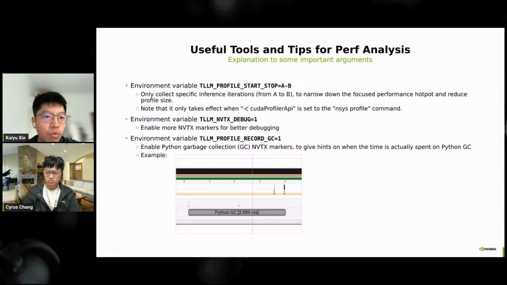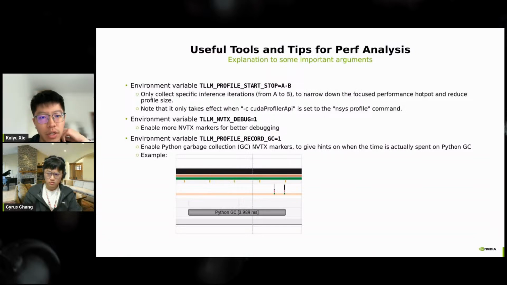We've also added an environment variable called TLLM_PROFILE_RECORD_GC. If you set it to 1, you can enable the Python GC NVTX markers for users who want hints on when time is actually spent on GC.